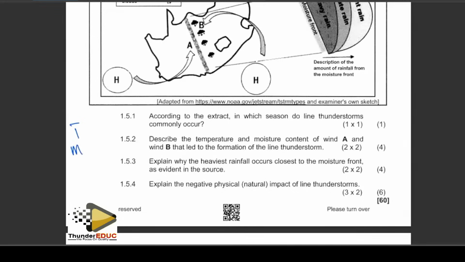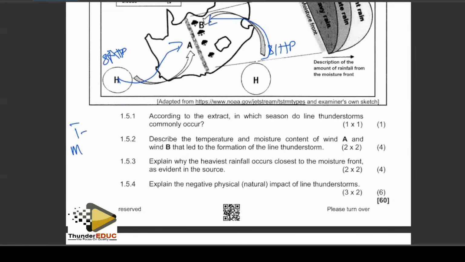So, in terms of temperature, an air can be cold or warm. That is temperature. So if we check the air which is coming from A, it is coming from the South Atlantic. This is the South Atlantic high pressure, and this is the South Indian high pressure. And their anticyclonic circulations are going to feed air to the interior.